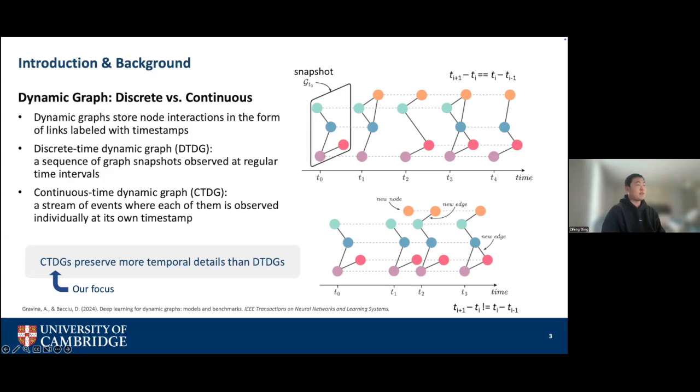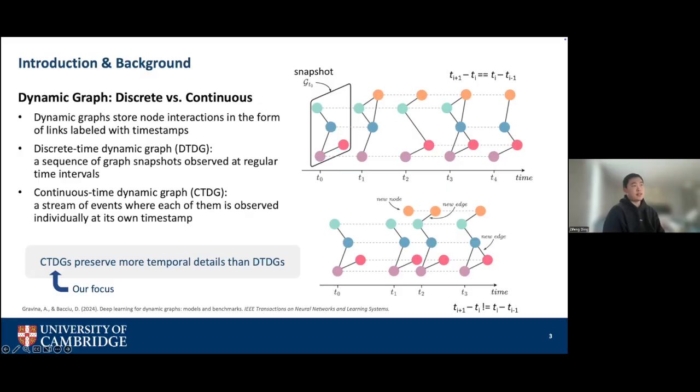And there are two types of dynamic graphs. First are the discrete time dynamic graphs. We call them DTDG. They are a sequence of graph snapshots observed at regular time intervals. And we also have CTDGs, continuous time dynamic graphs, which can be represented by a stream of events where each of them is observed at its own timestamp.